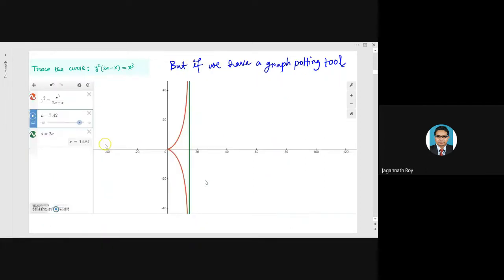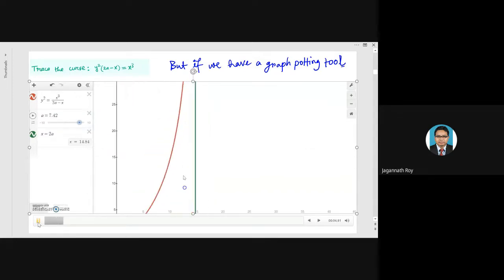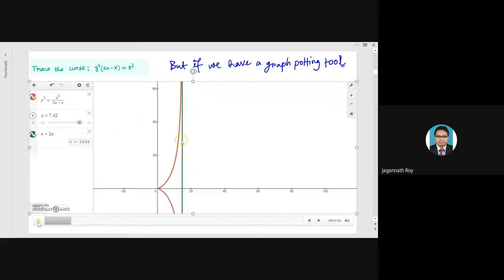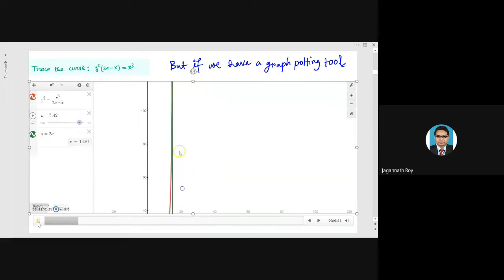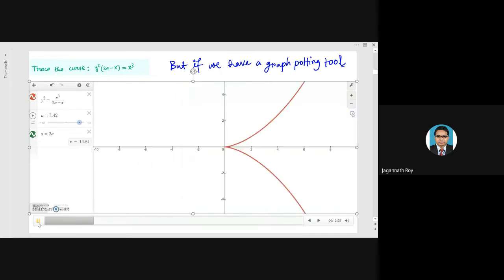But if you have some plotting software, for example, I have used the help of this demo, then you can see the function y squared equals x cubed by 2a minus x, and I have taken the asymptote x equals 2a.